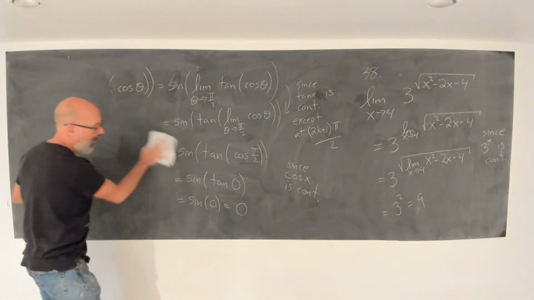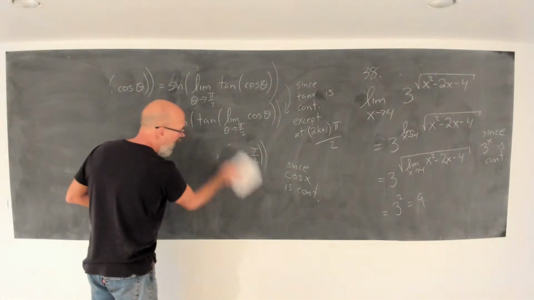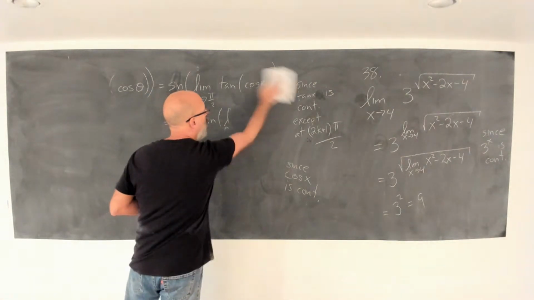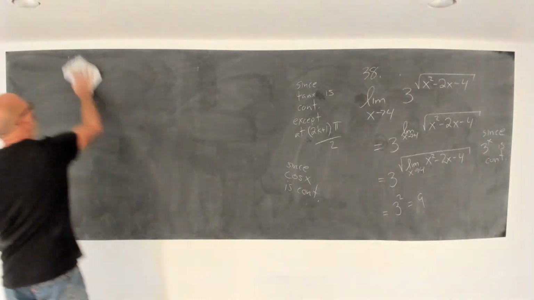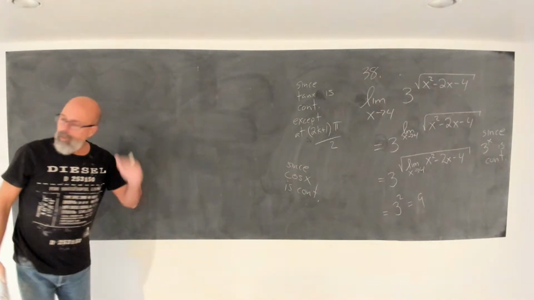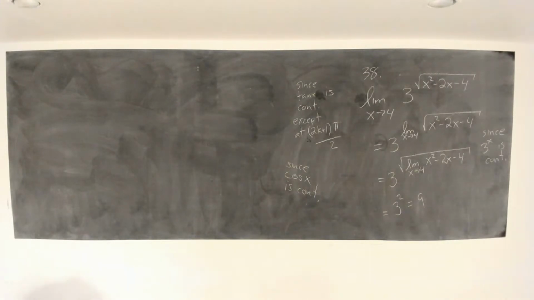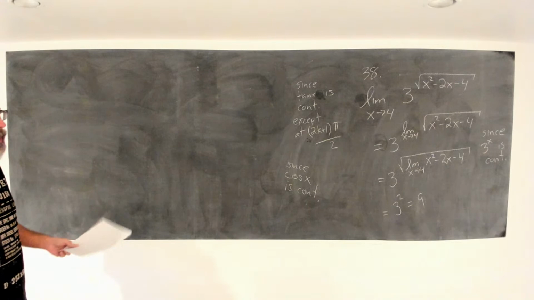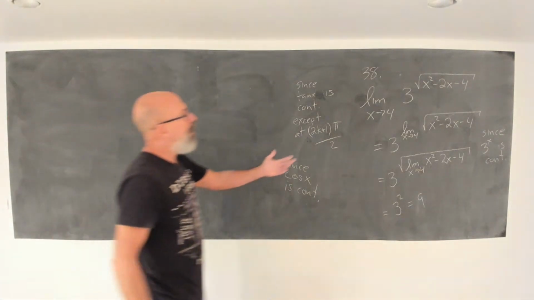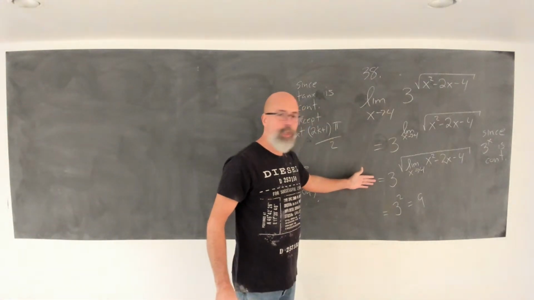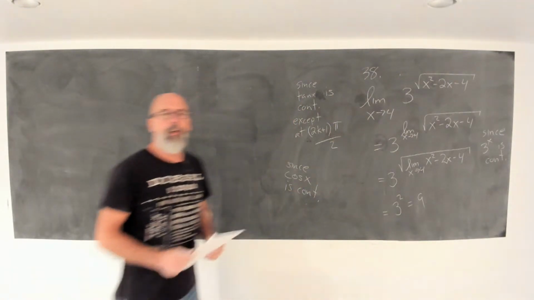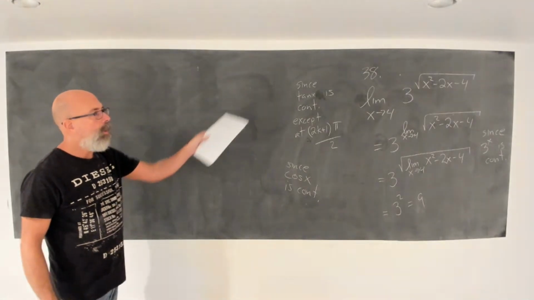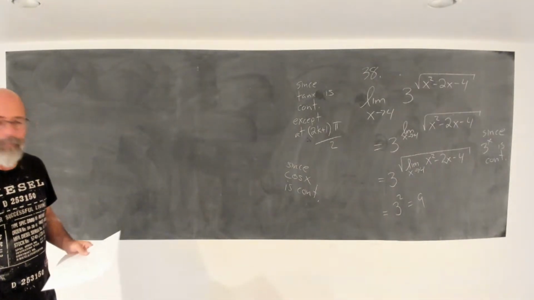Now, of course, in the same way, when you're taking limits, you don't always refer back to all the limit laws. We're not going to do that here either, but understand that everything can be justified, in this case, using continuity of a few functions.